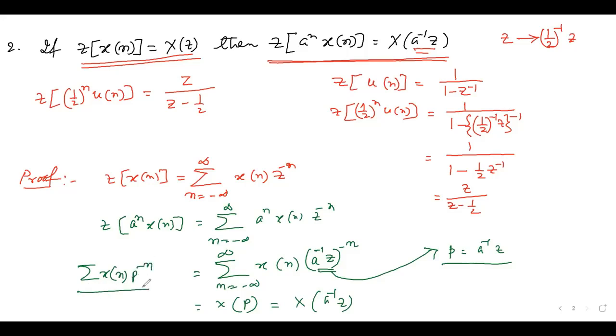This is basically X(p), that is X(a inverse z). If we have X(z) for z, then this will be X(p).